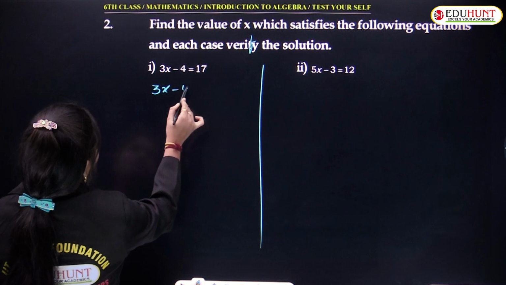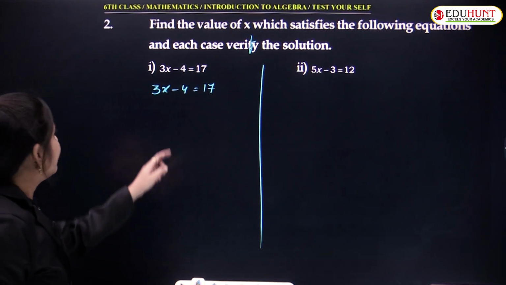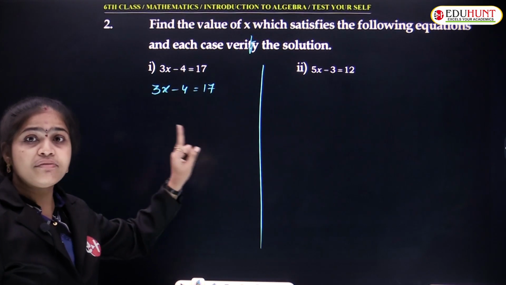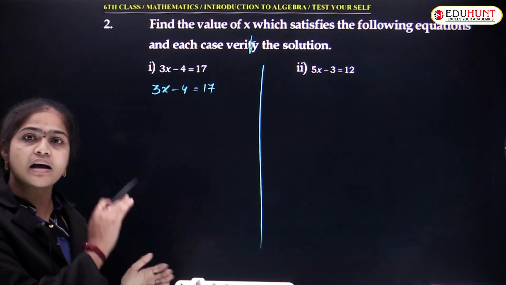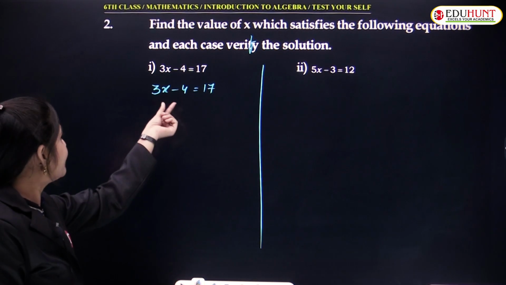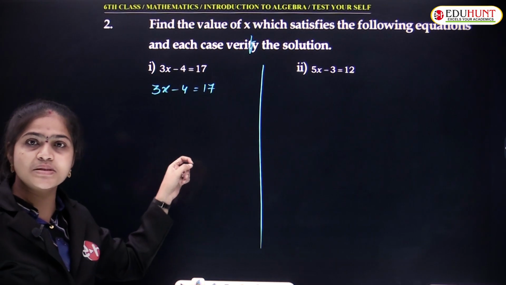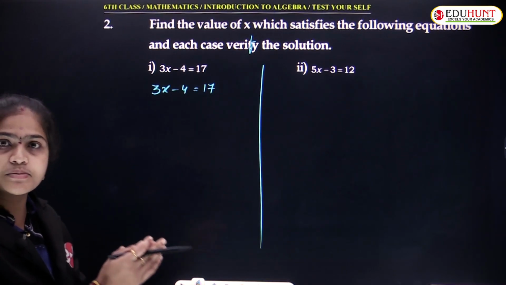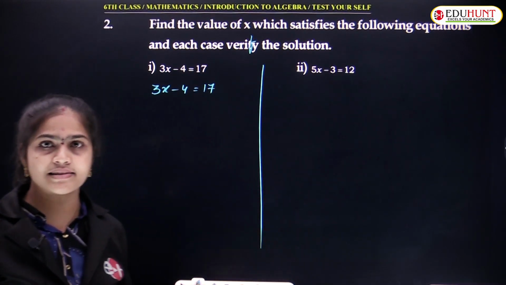3x minus 4 is equal to 17. As I already told you, when you transpose terms from LHS to RHS or RHS to LHS, first we need to write all the constant terms together on one side, either LHS or RHS.